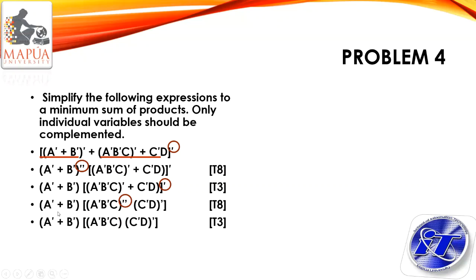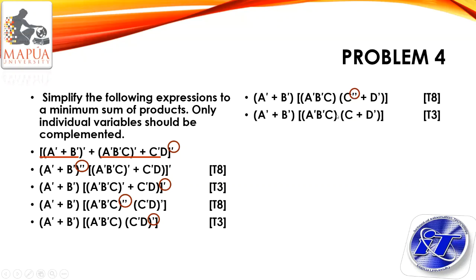Therefore, we have A naught B naught C for this term. Now, we're going to evaluate this shared negation between C naught and D. So using De Morgan's law, we could rewrite it as C naught naught plus D naught. And again, double negation could be removed in our equation. So we have C plus D naught for this term.